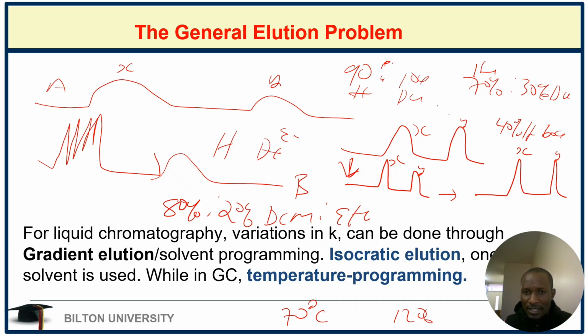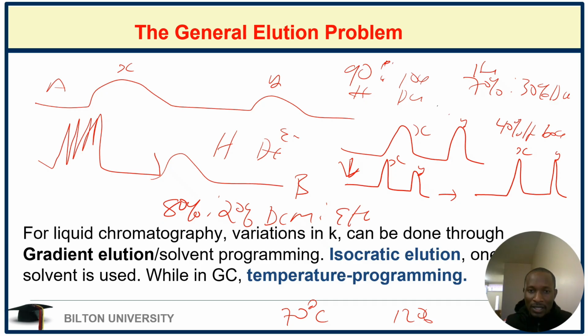So general elution problem is just the problem that you encounter during the analysis that will give you a bad chromatogram, a chromatogram that does not give you a proper separation, does not give you quality peaks. So what you need to do in this case is change the solvent system.